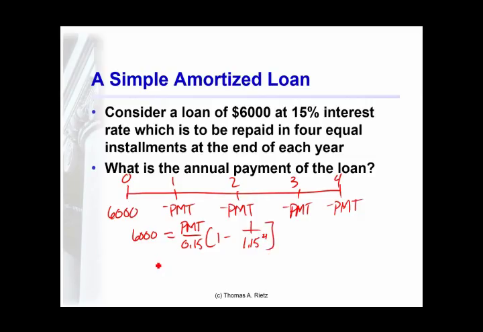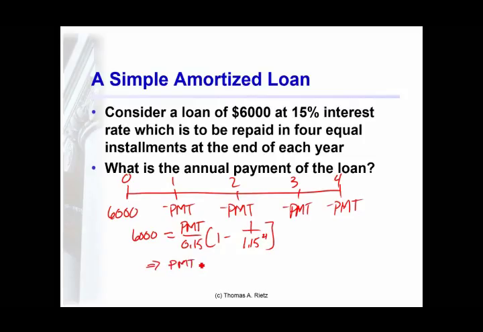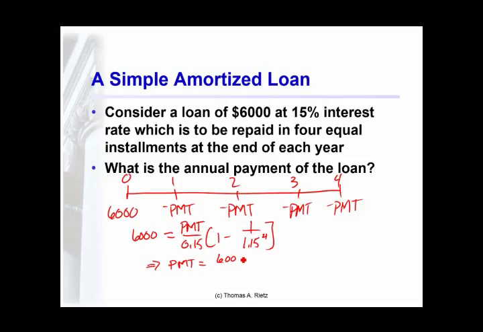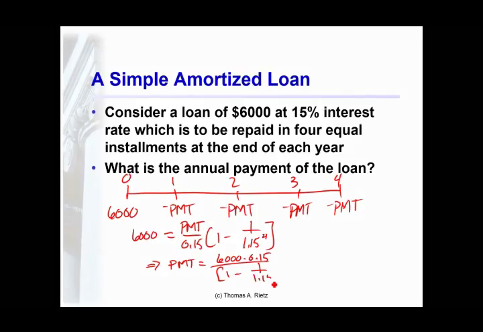So finding the payment is actually quite easy. You multiply both sides by 15% and divide by the adjustment factor for an annuity. And you can calculate this out fairly easily.